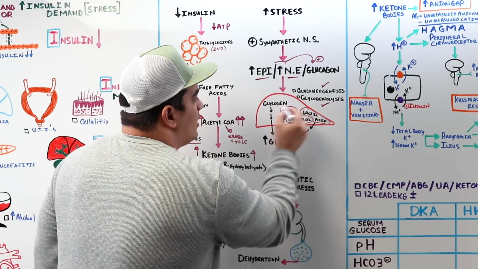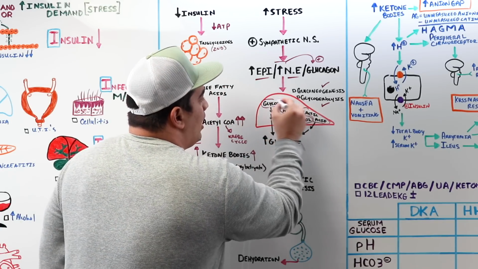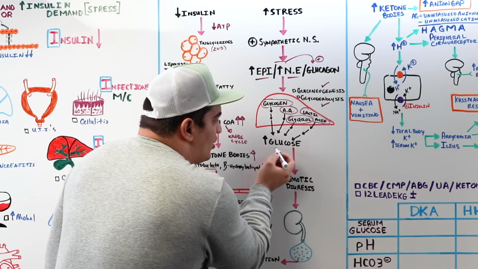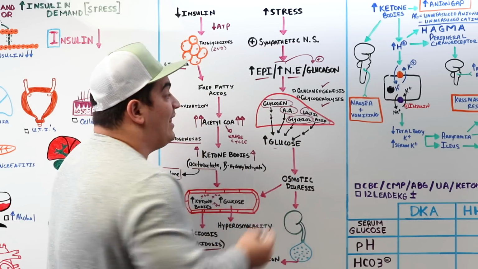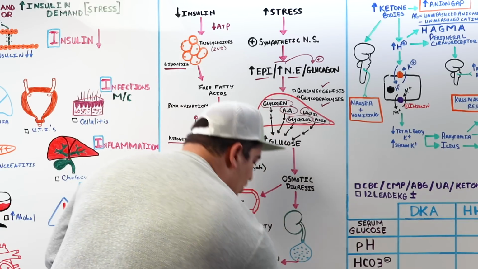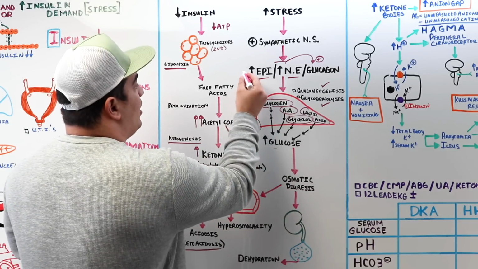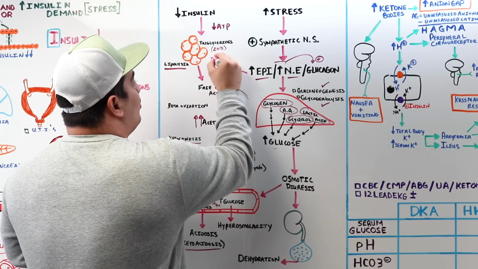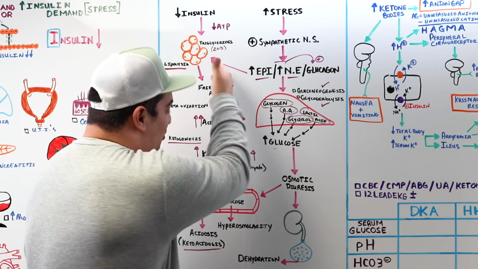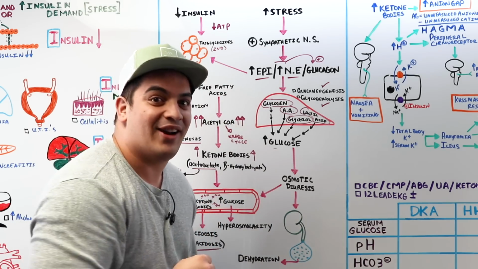And glycogenolysis is where we take glycogen, a big storage form of glucose, and break it down into small glucose molecules. That's called glycogenolysis. But guess what else it can do? It can also take this epinephrine and norepinephrine and glucagon. It can also generate the lipolysis mechanism, which can generate everything we talked about here.